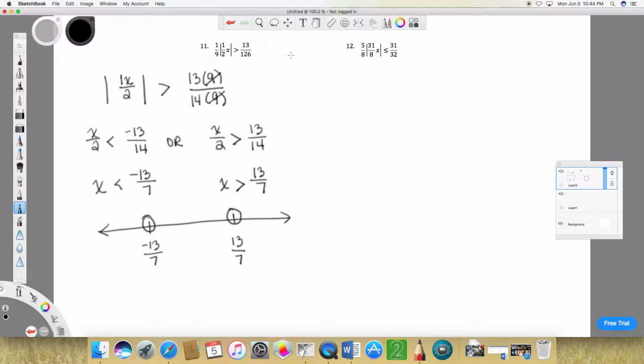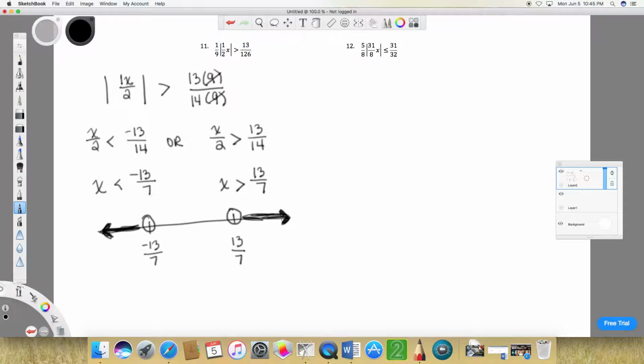And we're not going to, because if we look at the original inequality, it did not say greater than or equal to. It was not underlined. So I'm going to leave these as hollow dots. And x less than negative 13 over 7, I shade to the left. And for x greater than 13 over 7, I shade to the right.